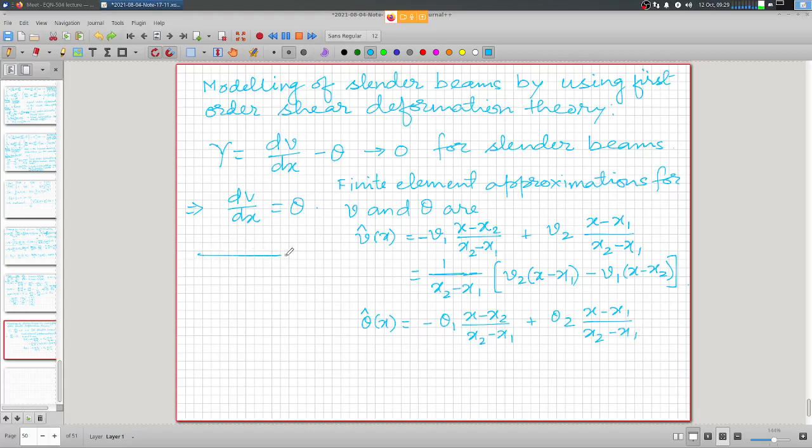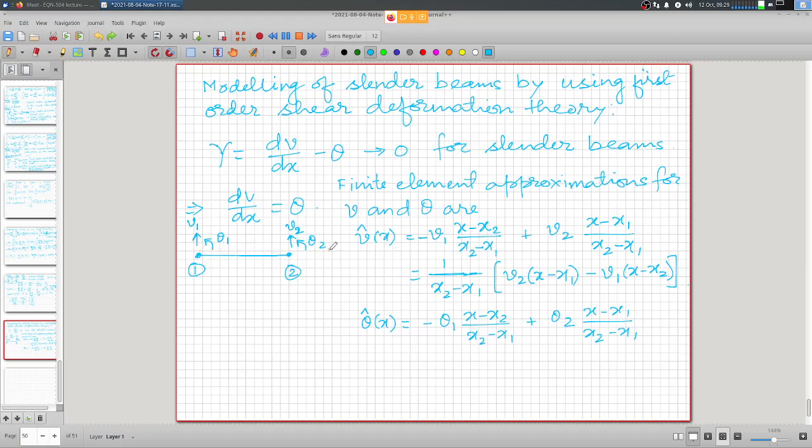So this is the beam that we are talking about. Right?